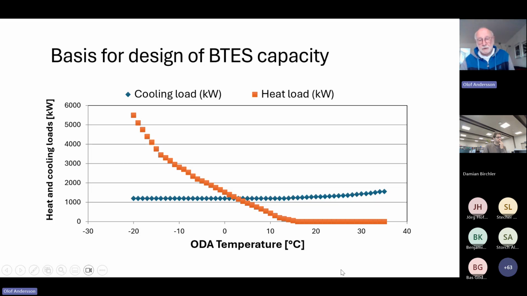So the basis for design looked like this, and this was taken in 2007 and 2008. So these are quite old data and not actual anymore. But still we used that for designing the size of a BTES when it comes to energy turnover into it.